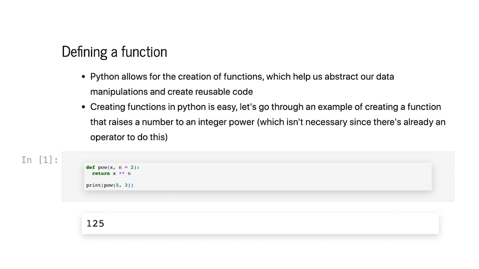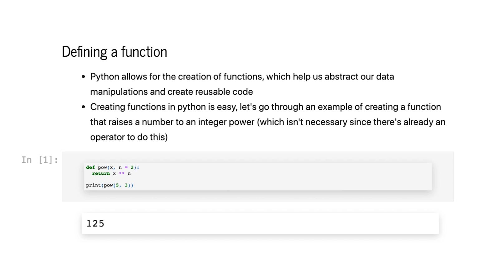And then remember again that in Python, white space is meaningful. And so I've indented the return statement because that's part of the function. Unlike most programming languages where we enclose our functions in curly braces or parentheses or something like that, in Python, it's the indentation that's doing the work for us.